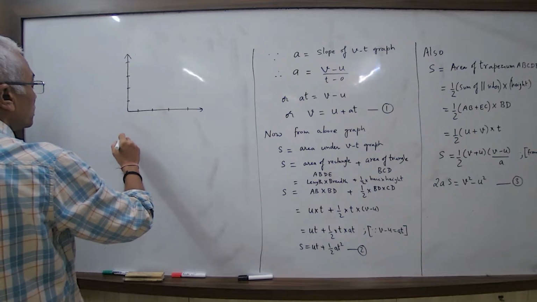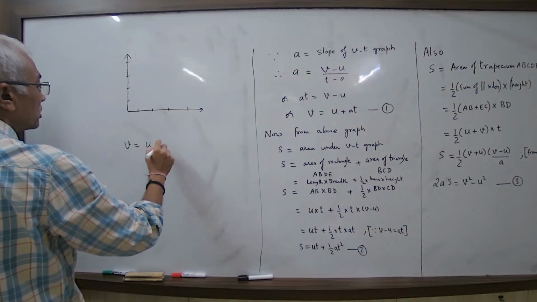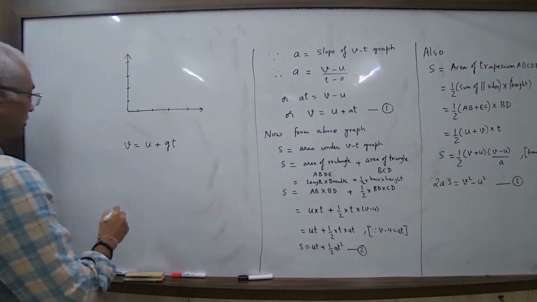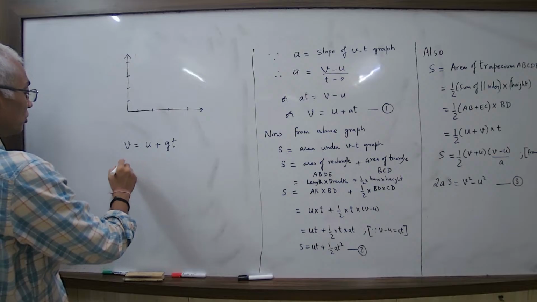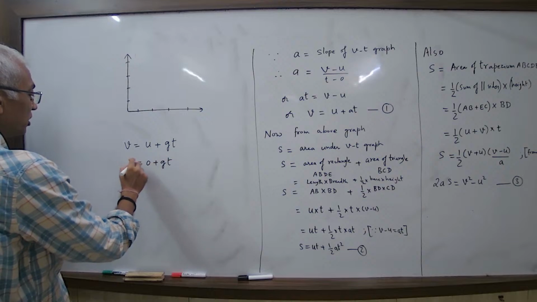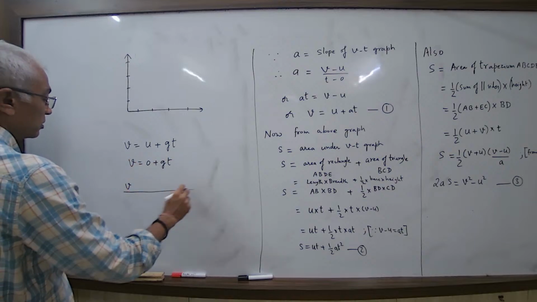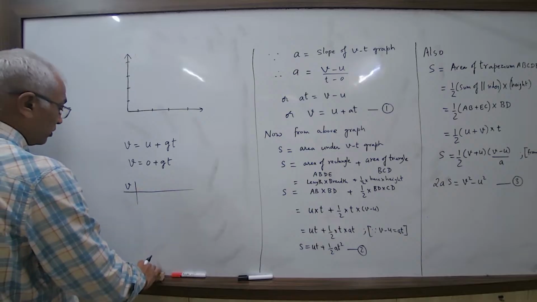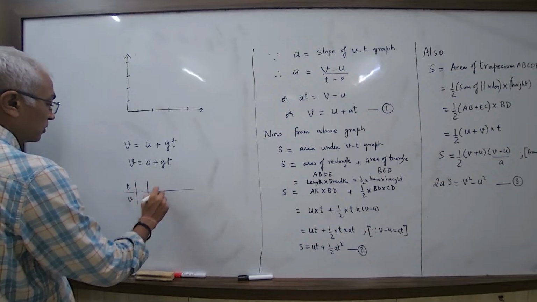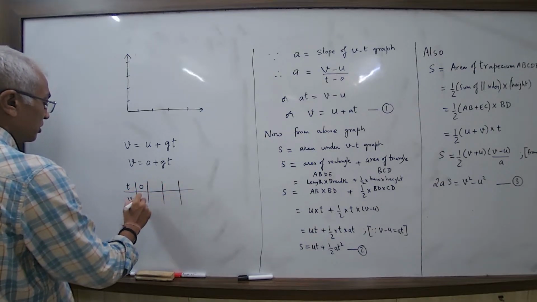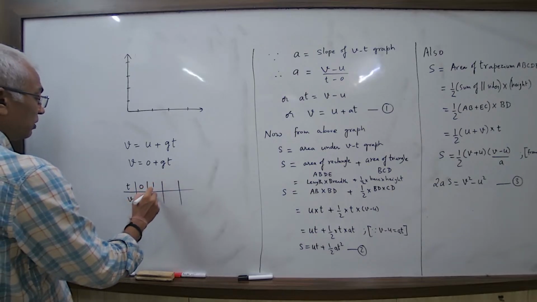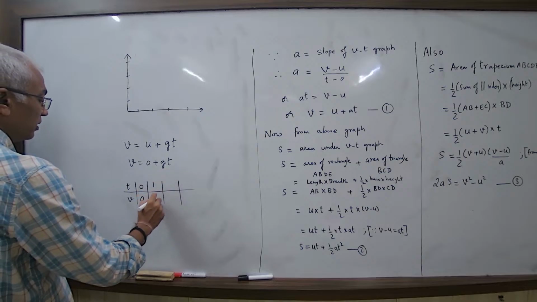Right? So what is the equation of motion? V is equal to U plus at, meaning you will have to write gt. Okay? So plot various values, U is equal to 0, right? You got your relation between V and g. So on the x-axis, what will you put? T. And on the y-axis, what will come? V. So when T is 0, how much is V? At T0, V is 0. At T1, what will be V? 10.